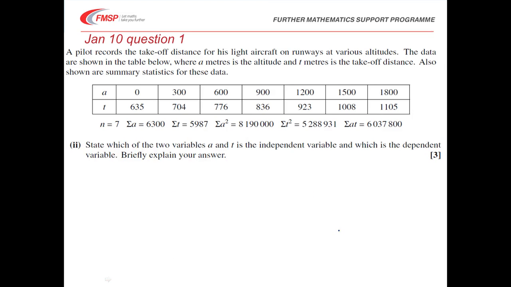We're then asked to state which of the 2 variables is independent and which is dependent. We've discussed that already, so let's just formalize it. A is independent and T is dependent. The fundamental reason is that the pilot controls A; he chooses it.